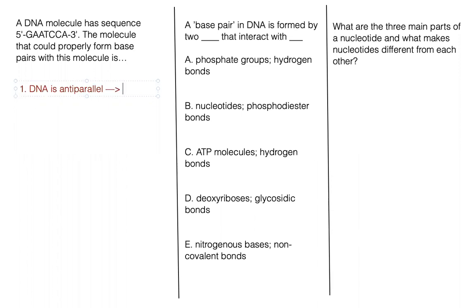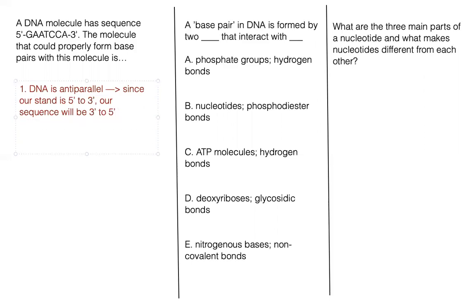Since our strand is 5' to 3', the sequence we're going to figure out will be 3' to 5'. That's just saying in one direction it's going from 5 to 3, in the other direction it's going from 3 to 5. Think of it as a two-way street.